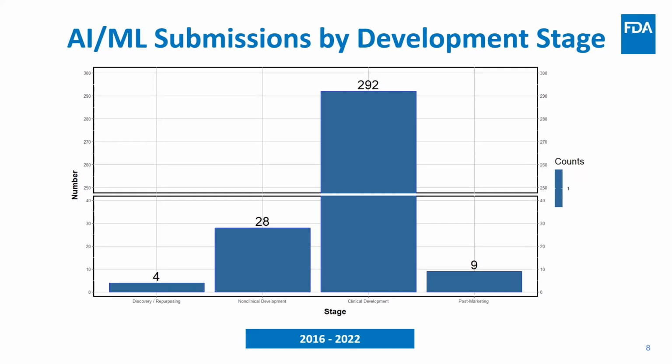Also, a lot of companies focus on de novo drug discovery, trying to synthesize new proteins. Those types of applications are not covered here. Most of the submissions in FDA's database are in the clinical development stage, because that's when the sponsor submits their package and we see the data. In the drug discovery stage, we don't have that information.